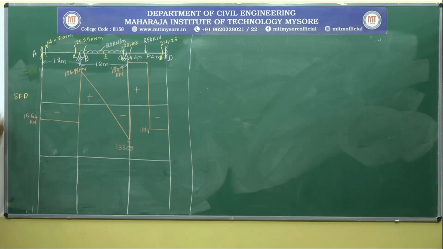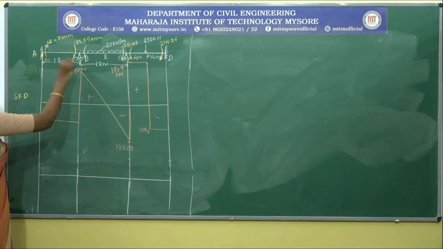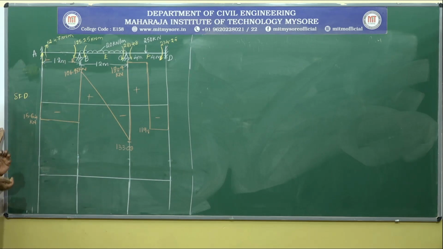That is the shear force diagram. Now we need to draw the bending moment diagram. So at joint A, the moment MAB is acting in the clockwise direction. According to our sign convention, the moment acting on the left side in the clockwise direction is considered positive.